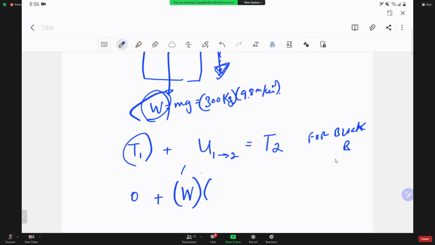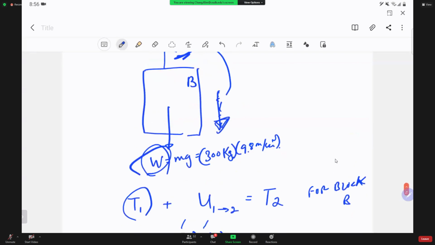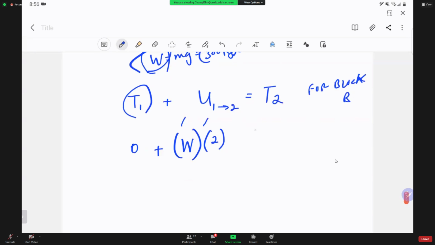So force times distance, it's going to move 2 meters because the relative motion between block A and B is the same: the displacement, velocity, and accelerations. Now the second force is the tension, and tension also has to be applied over that 2 meter movement.